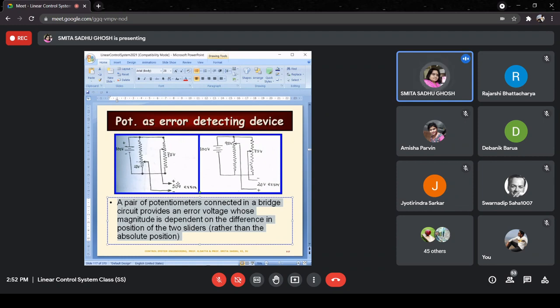Okay, so it is the difference in positions, not the absolute position. Absolute position we had when we had a single potentiometer element, as shown in the previous slide. But here we have two elements. So here the difference is what we get at the output, as I have explained.